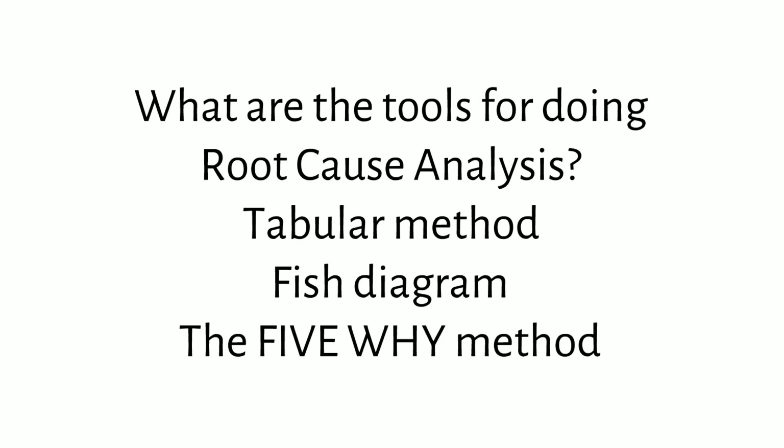One is a tabular method, in which we make a table and write down the factors in one column on the left hand side, and then start writing down the weaknesses and the remediation. Next, we have the fish diagram method, and then we have the 5 why method.